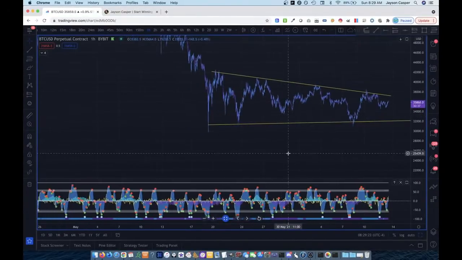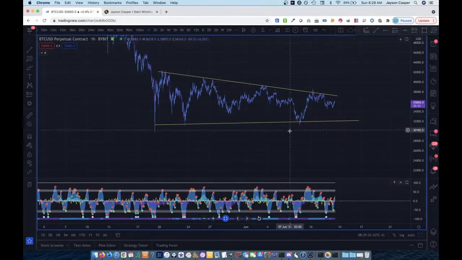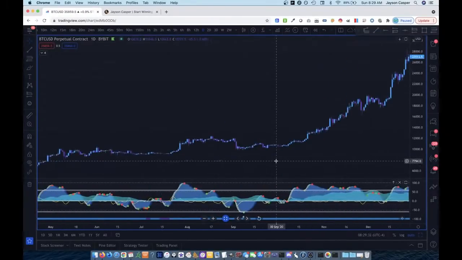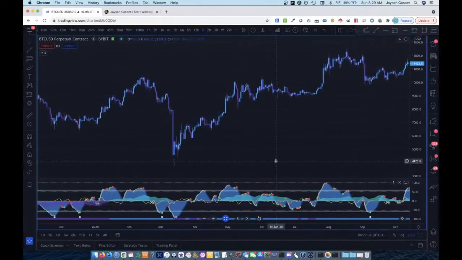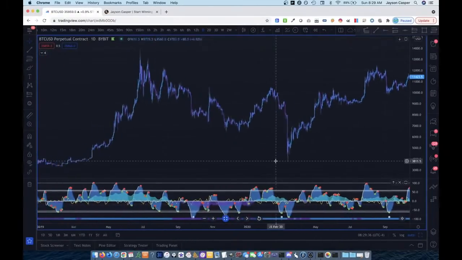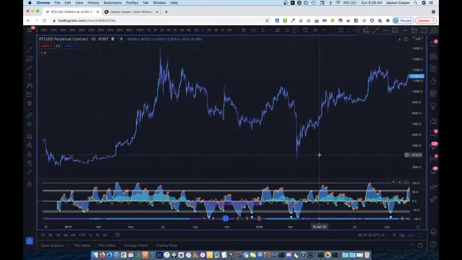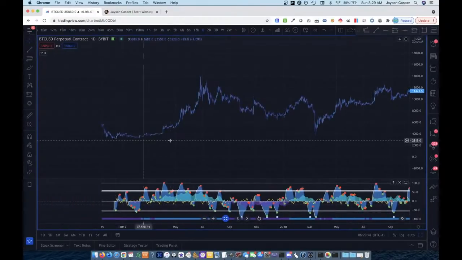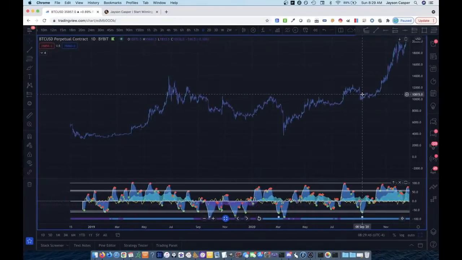What I'm showing you guys right now is for trading in sideways markets. And I think this is important because, remember, most of the time, if we go to the daily time frame, Bitcoin is trading sideways, right? Just look at the price action from 2018 to basically before the bull market started.